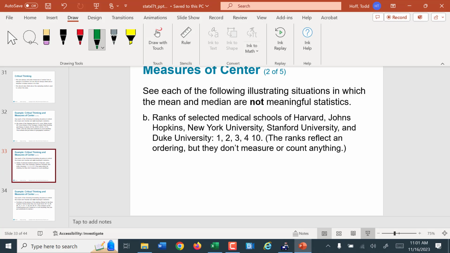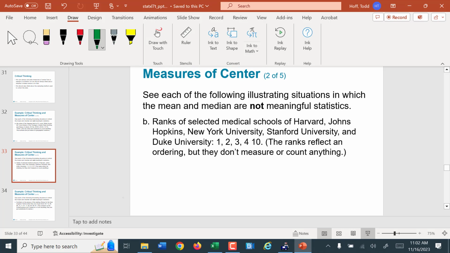Here we're looking at the ranks of medical schools, ranking them 1 to 10. Well, those are ranks, but if we average those numbers, we're going to get 5 as our average. That doesn't mean anything. The average ranking of those schools is 5. Well, it doesn't matter what order we put them in, the average ranking would be 5. The only time it would make any sense to do, I shouldn't be saying average, the mean ranking would be 5.